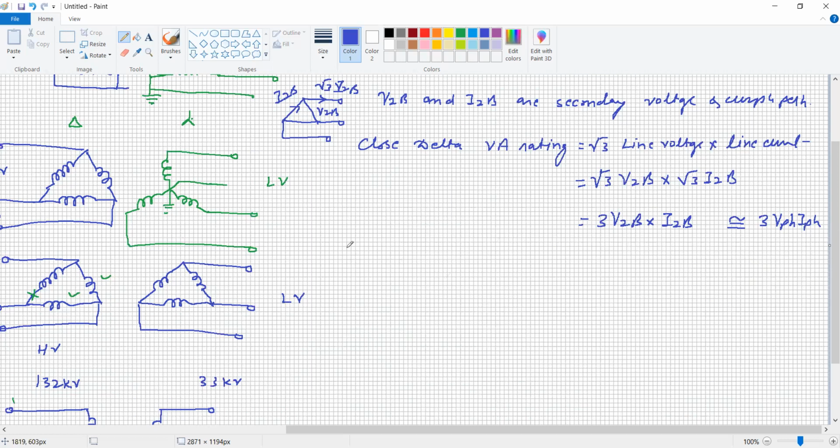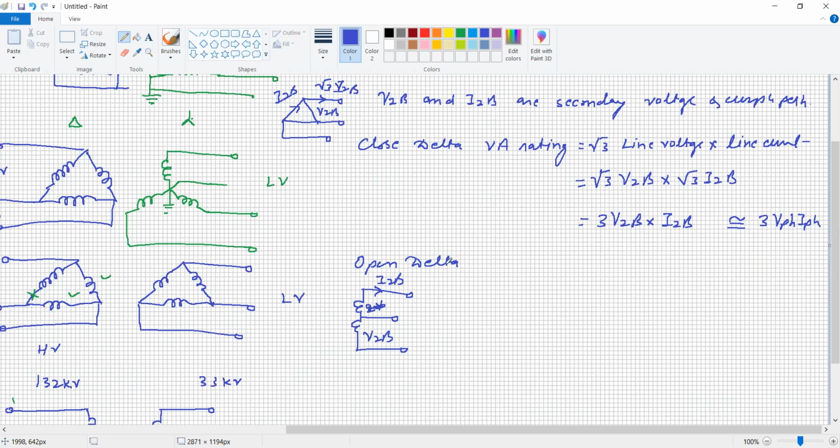Now, in open delta, what would be the diagram? This is the one winding, this is the secondary winding. The per phase voltage is V2B and the per phase current is I2B.